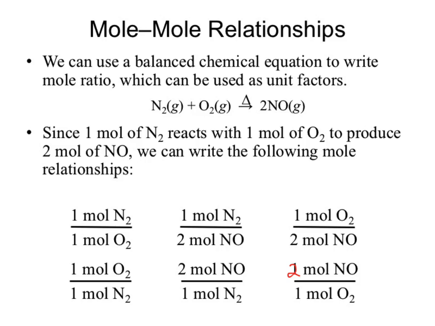Okay, in this chemical equation with 3 different species, I get a relationship. 1 N2 equals 2 NO. 1 O2 equals 2 NO. 1 N2 equals 1 O2. There were 3 equalities there. Each of those equalities generates 2 fractional equations, which means this single equation gets me 6 different conversion factors.